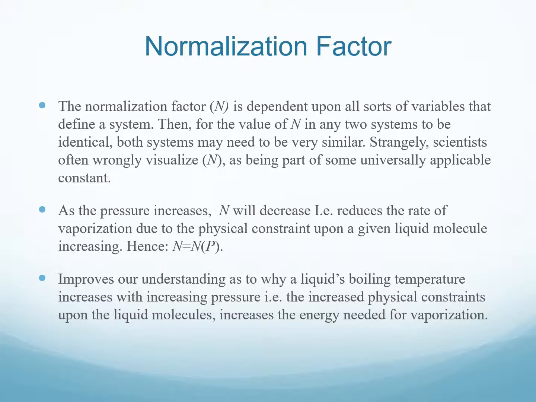It is only constant for similar systems. The most important thing to remember is that as the pressure increases, N should decrease. You can think of this as a reduction in the rate of vaporization due to an increase in the physical constraints upon the given liquid molecules. Hence, N is really a function of pressure.